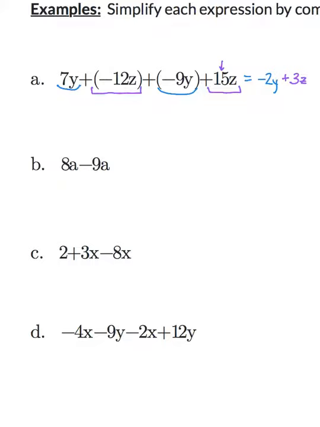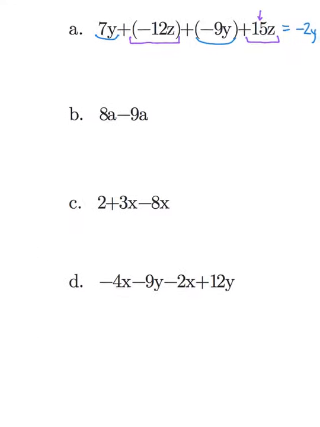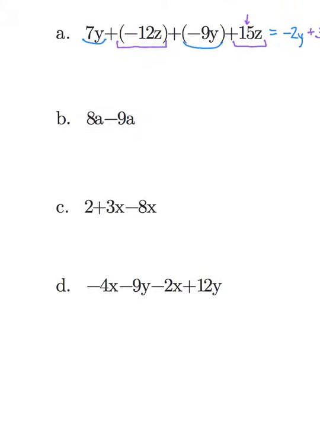All right, let's look at example B. Example B, we have 8a minus 9a. So I want to subtract. We have different signs. And so we get 8 minus 9 is -1.